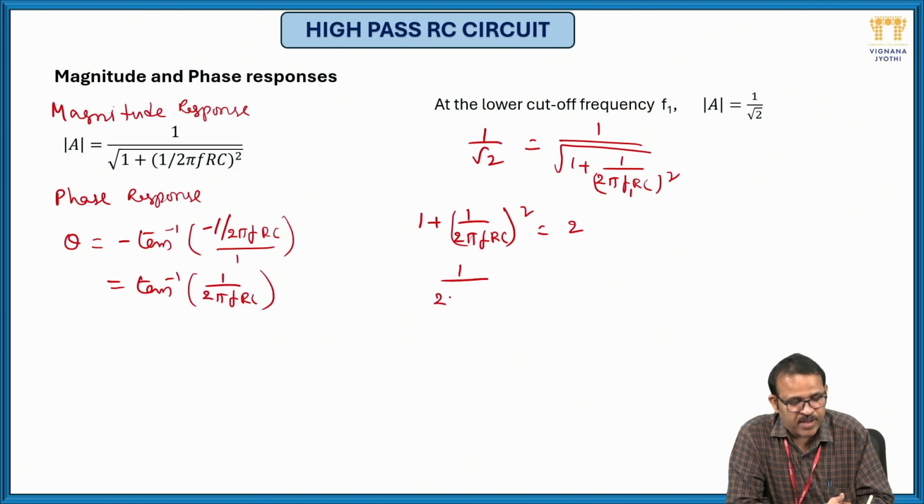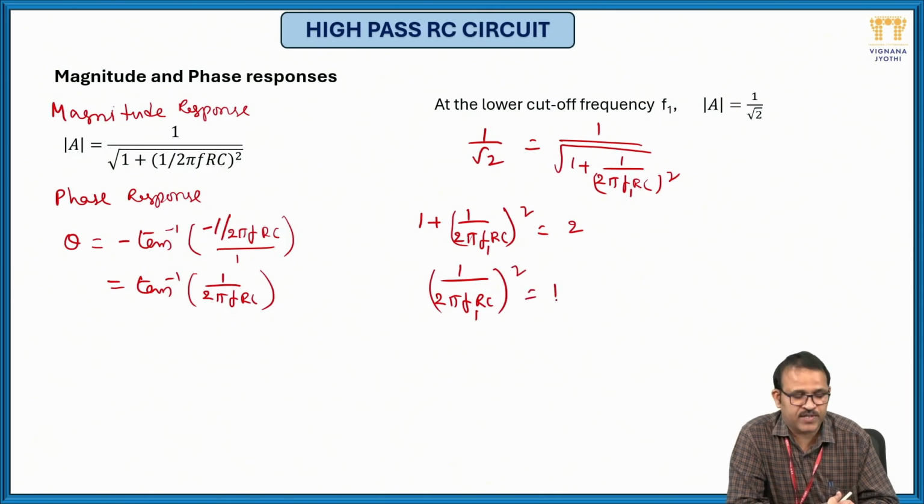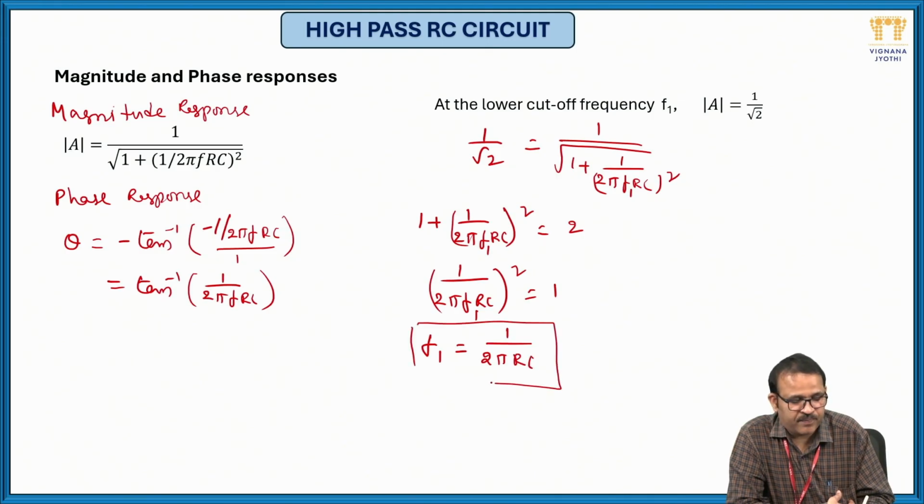So (1 by 2 pi f1 RC) whole square is equal to 2 minus 1, which is 1. Taking the square root on both sides, we get f1 is equal to 1 by 2 pi RC. So this is the lower cutoff frequency.